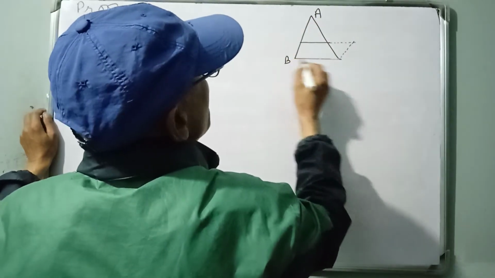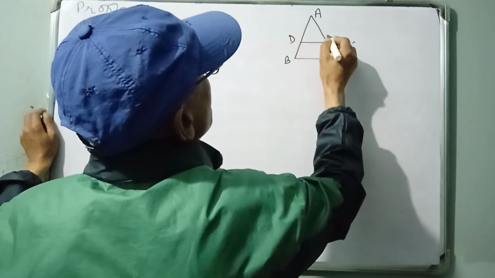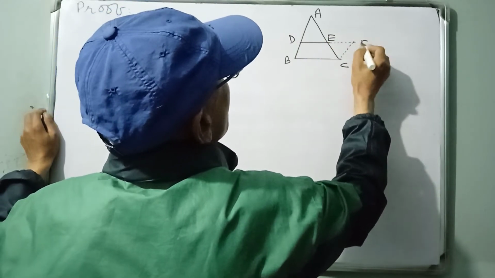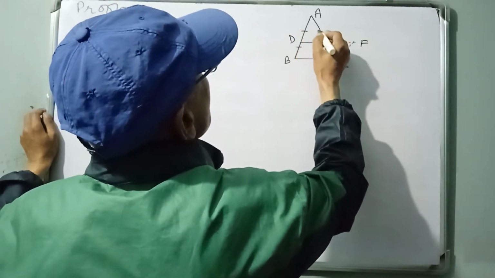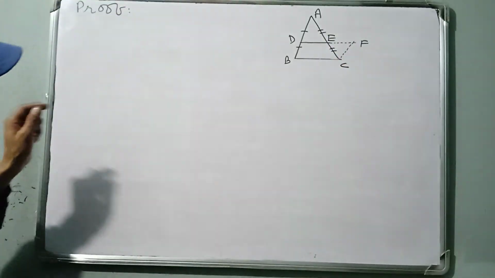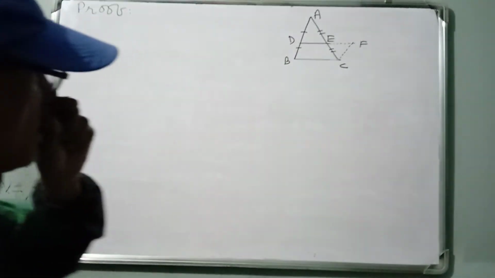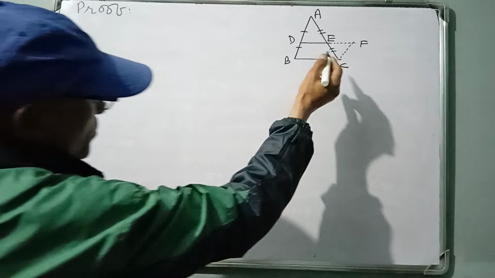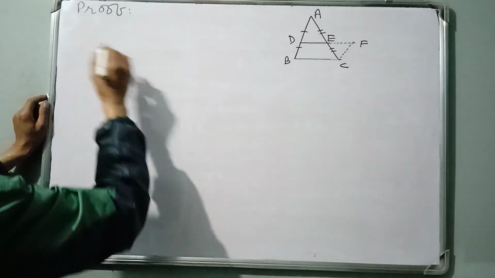A, B, C, D, E, F. These two sides are equal. These two sides are also equal. Use side angle side fact.